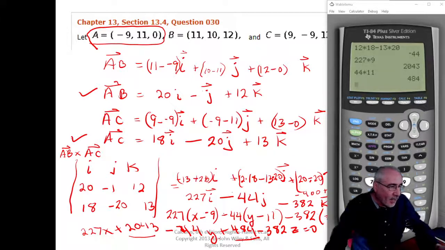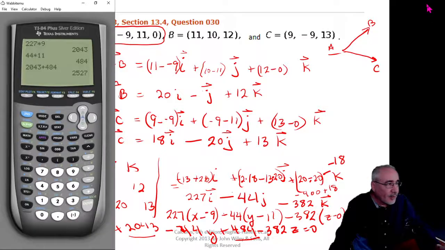And what do we get on that side? 2043 plus 484 gives us 2527. So let me just write the final answer up here. 2527 is positive.